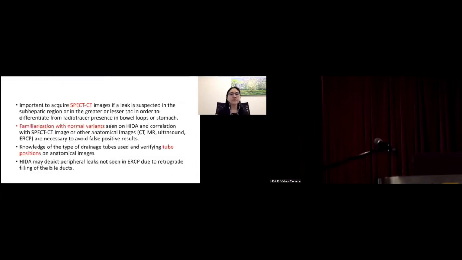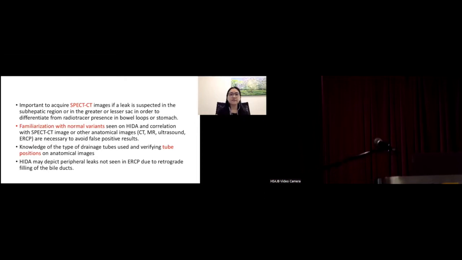So it's important to acquire SPECT-CT images if a leak is suspected in the subhepatic region or in the greater or lesser sac, in order to differentiate from radiotracer presence in bowel loops or stomach. Familiarization with normal variants seen on HIDA, and correlation with SPECT-CT or other anatomical images, are necessary to avoid false positive results.